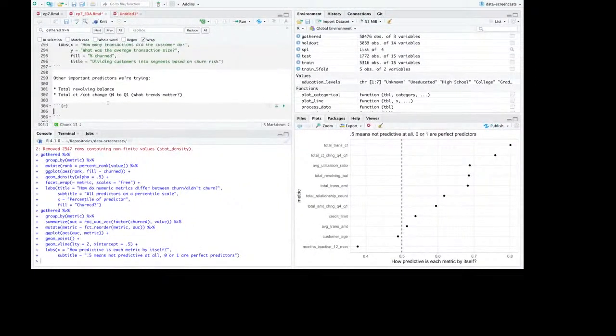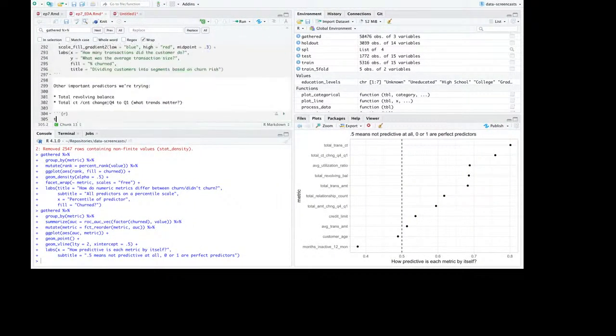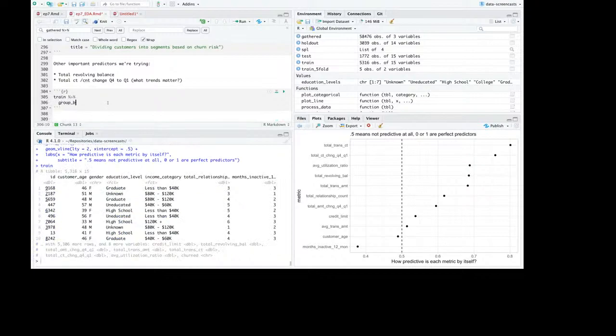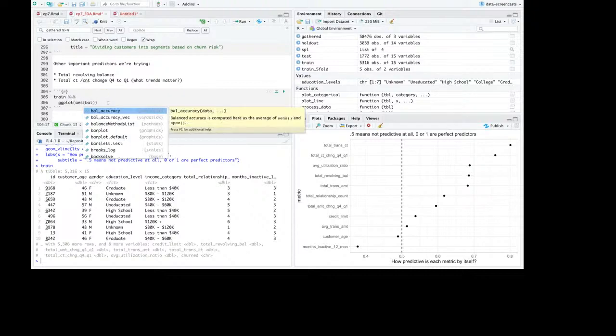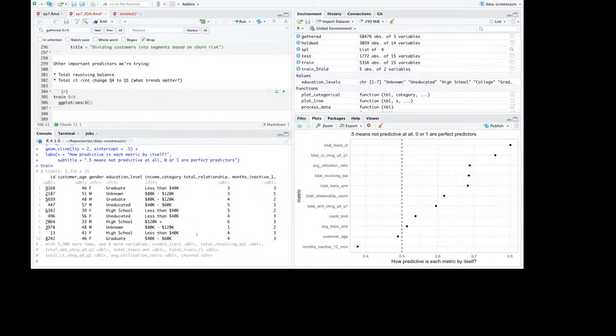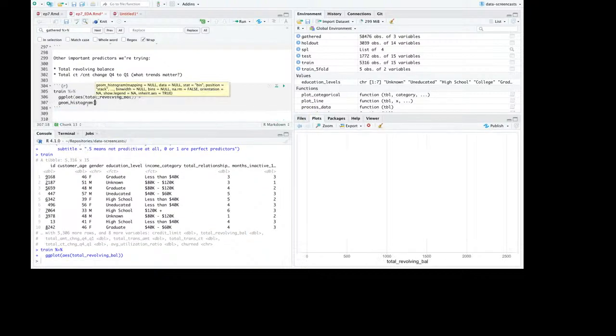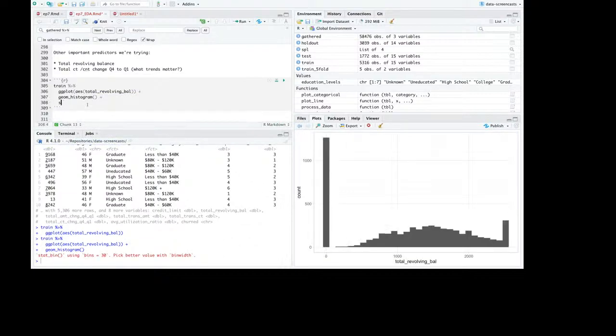So if I say total revolving balance and train, and let's look at total revolving balance. All right, starts at 0.